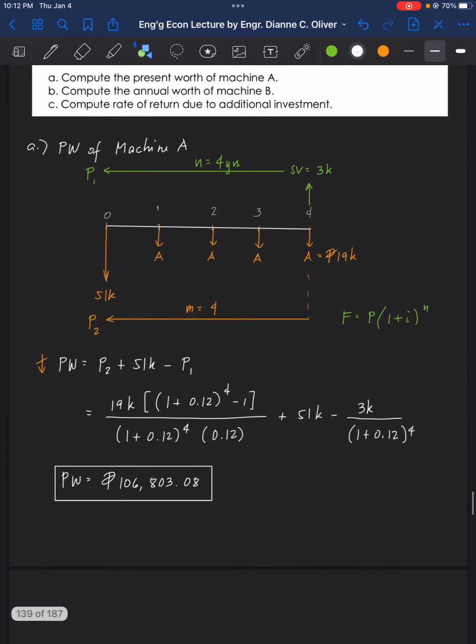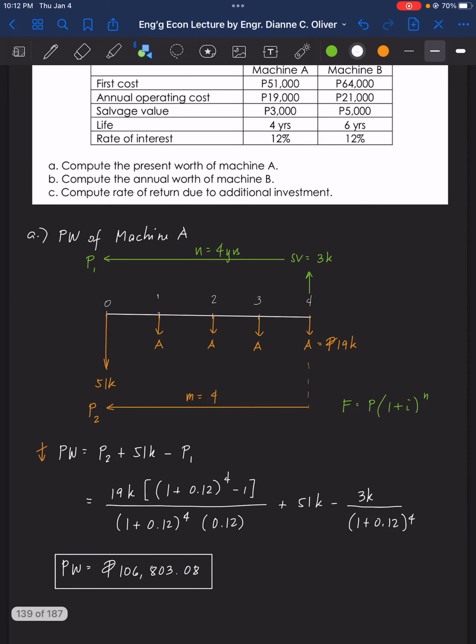Now for question B, compute the annual worth of machine B. So this data here for machine B. Computation for annual worth.